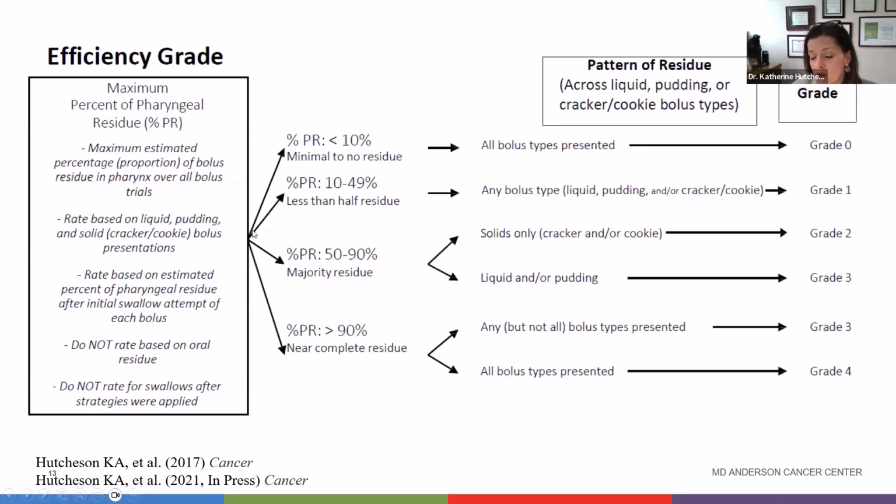So more than 50% or more of the bolus retained in the pharynx after swallowing. When you observed 50% or more bolus residue, we want to know the type of boluses that that's happening on to ultimately derive the efficiency grade. And again, that is benchmarked to the CTCAE framework, where grade 2, for instance, would indicate moderate grade inefficiency, and grade 3 would indicate severe inefficiency.